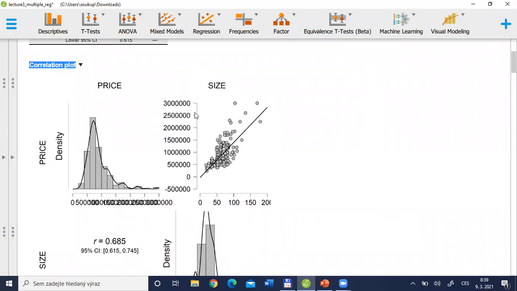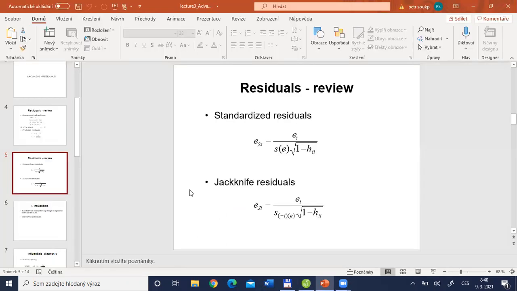So for example, here it would follow the prices of flats. And these residuals in original scales cannot be tested statistically. They do not follow any well-known statistical distribution. So that's why we prepare different versions of so-called standardized residuals or jackknife residuals.